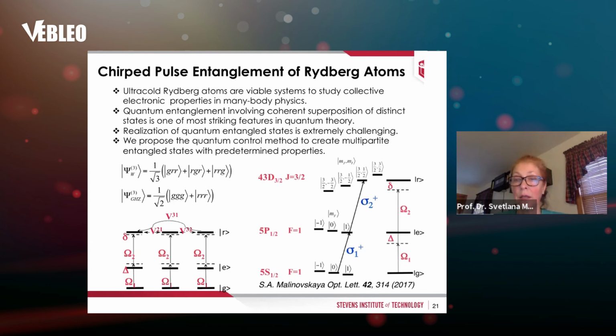Each atom is excited from the ground to the Rydberg state via 2-photon Raman type of excitation using 2 circularly polarized linearly chirped pulses. And such 3-level ladder systems representing each atom in the trap are coupled via Rydberg states by the coupling parameter V.